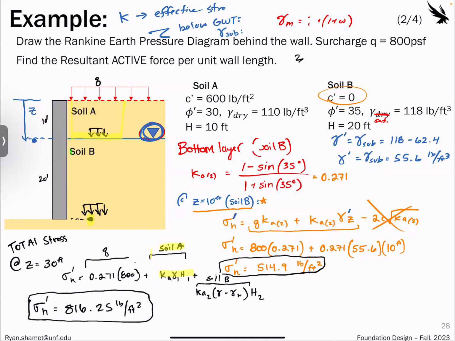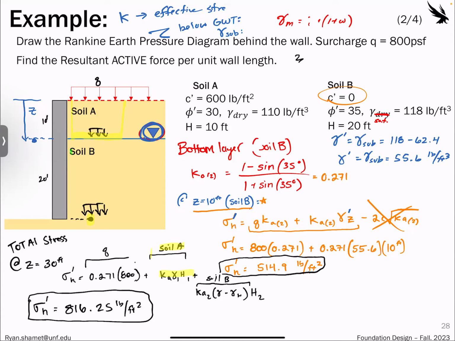If we're talking about layers and you're just adding each layer, for Z equals 10 for soil B, we're still in that layer. We're just accounting for that transition from soil A to B. It seems like you want it just for soil B, but not. Yeah.